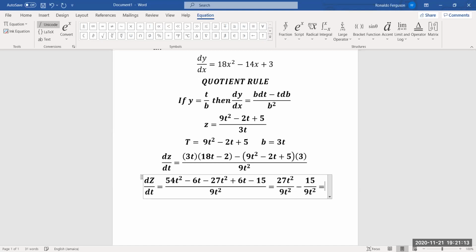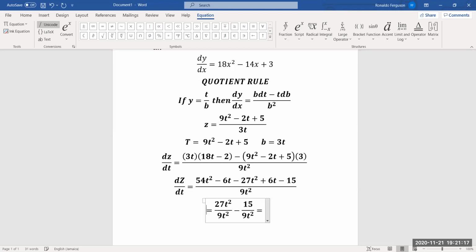27 over 9? That's 3. And t squared over t squared cancel each other, right? Yes, sir. Good, and then minus, what's 15 over 9? 5 over 3t squared.